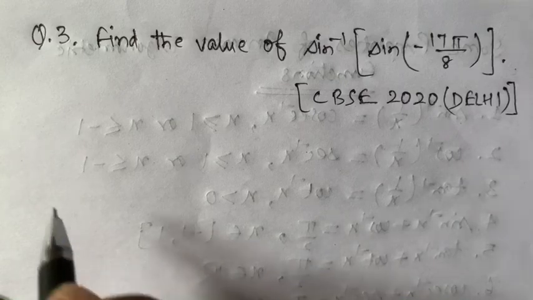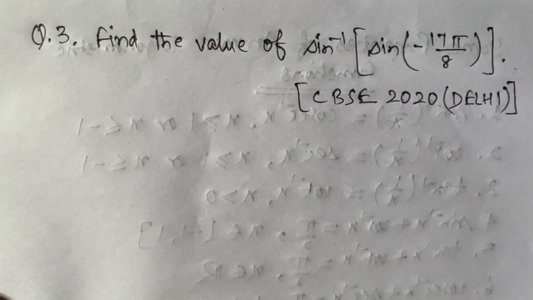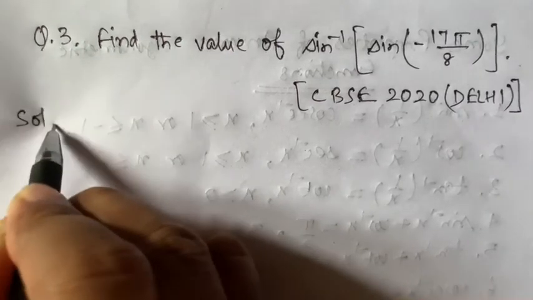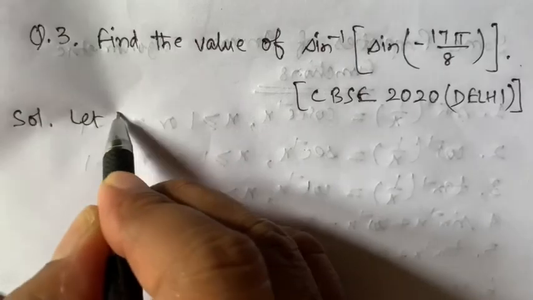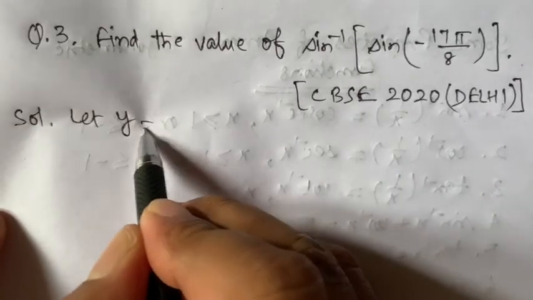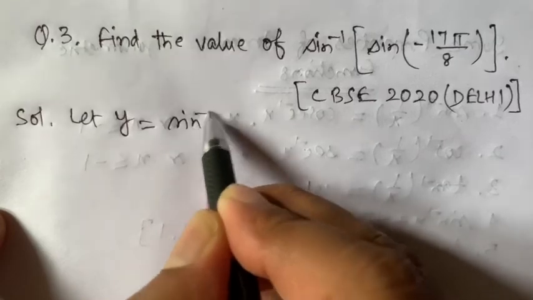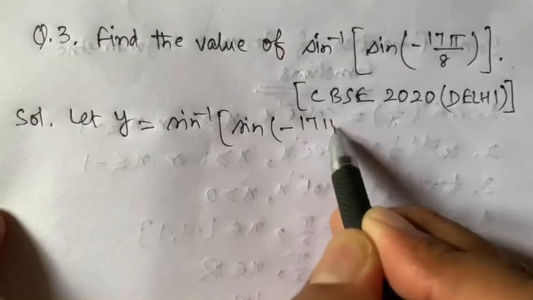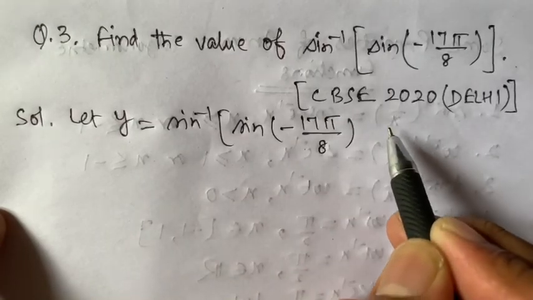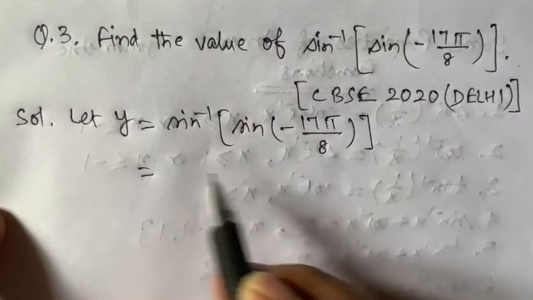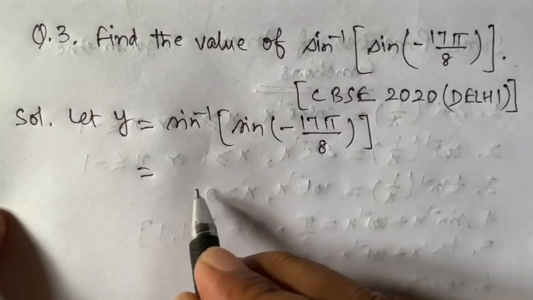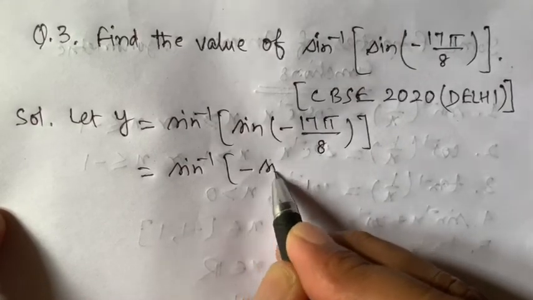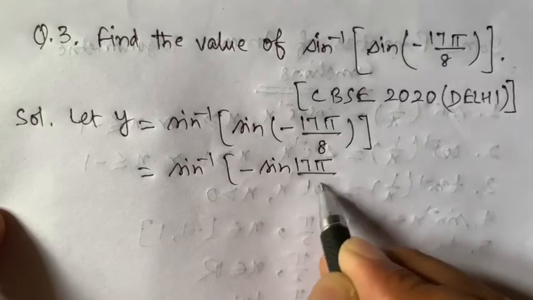Question 3 of today's session is find the value of sine inverse of sine minus 17 pi by 8. Let y is equal to sine inverse of sine minus 17 pi by 8, and we know that sine minus x is minus sine x, so it will be minus of sine 17 pi by 8.